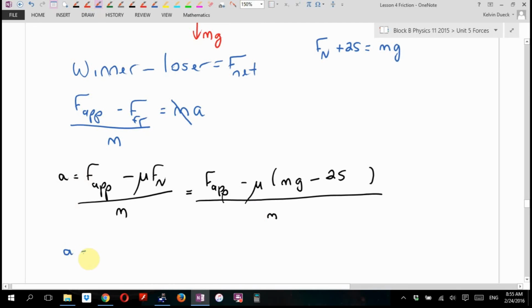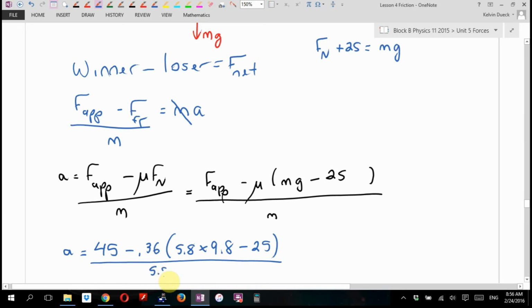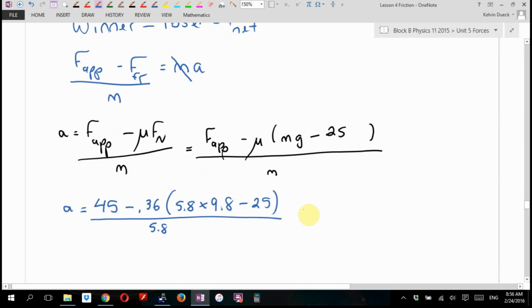The acceleration, how big was the applied force, Kareem? 45. Minus, what's mu? 0.36, thank you. What was the mass? Times 9.8 minus 25, all over, you said 5.8 kilograms?